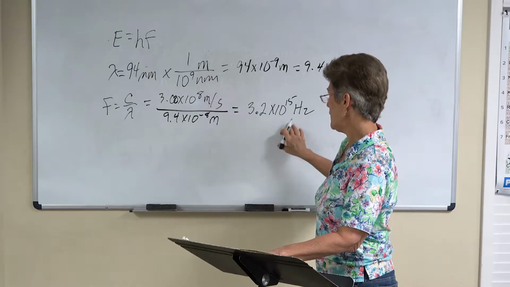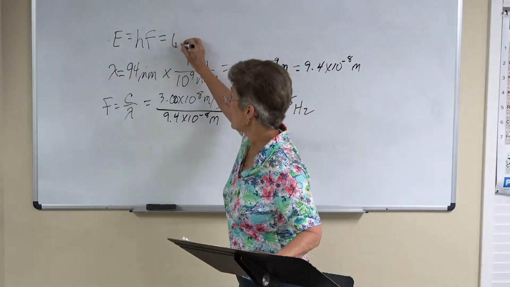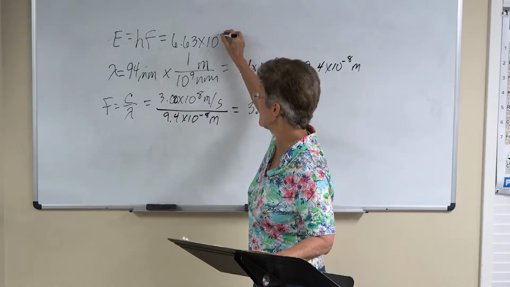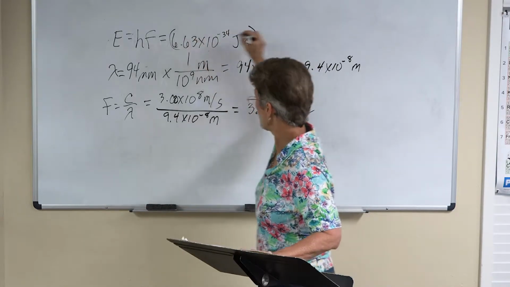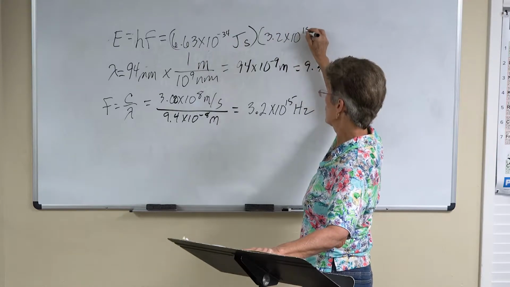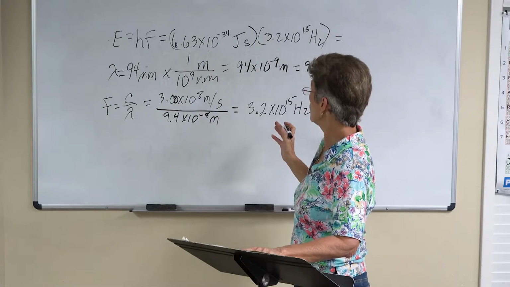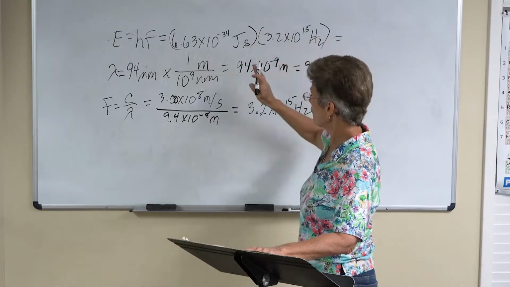So now I'm going to take that up here, and I'm going to plug in h, which is 6.63 times 10 to the negative 34 joule seconds, times the frequency which we calculated from the wavelength, which is per second, so that'll cancel, and this will cancel, so we'll be left with joules.